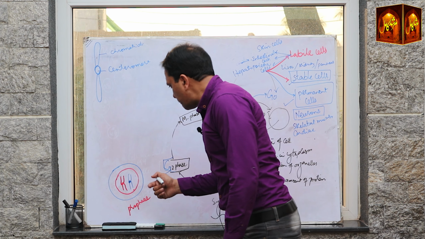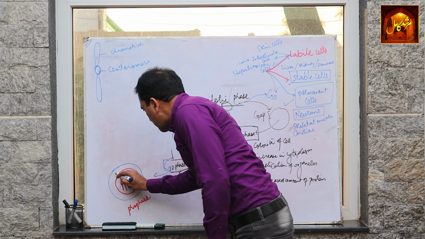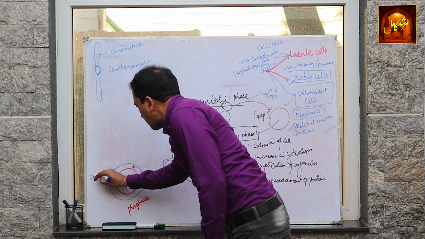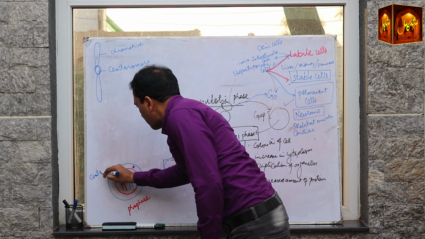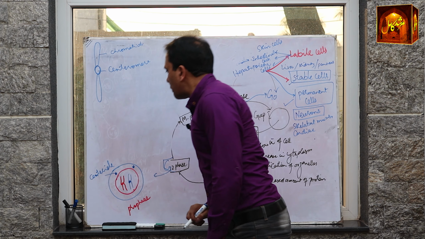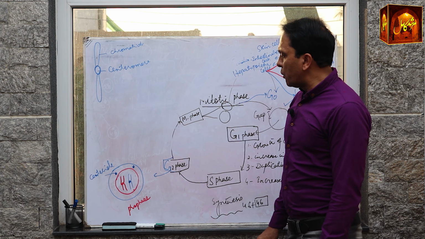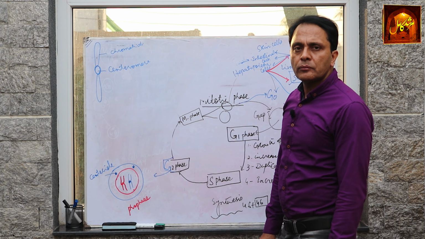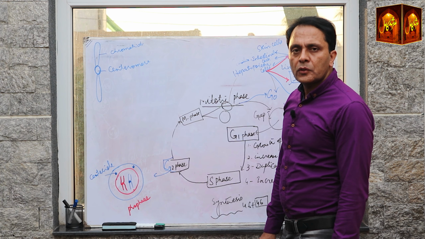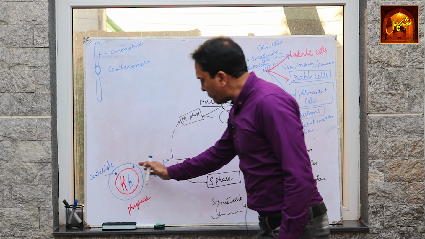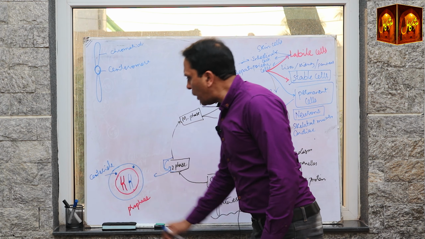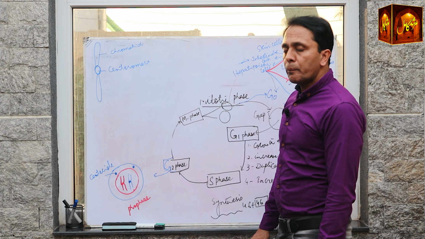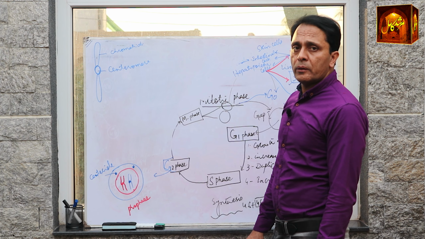Then next, the centrioles. Two centrioles start moving to opposite poles. These centrioles play a very important role over here.